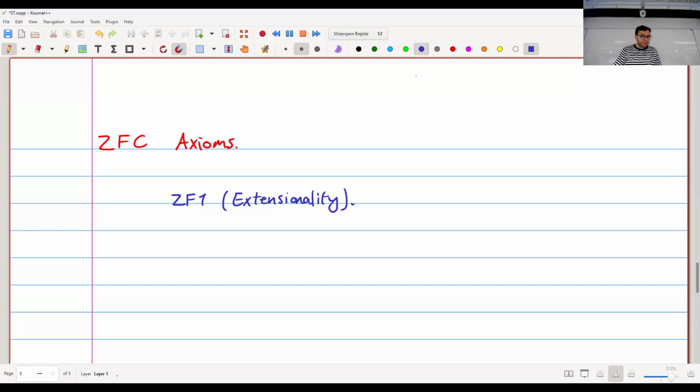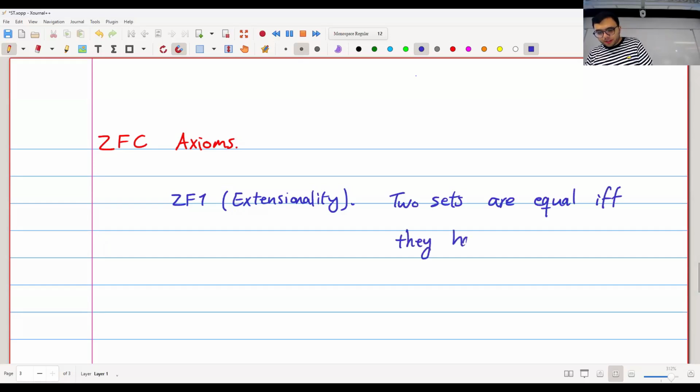So first, let me tell you what it is in human language, and then I'll write it in L. It says that two sets are equal if and only if they have the same members, the same elements. Okay.